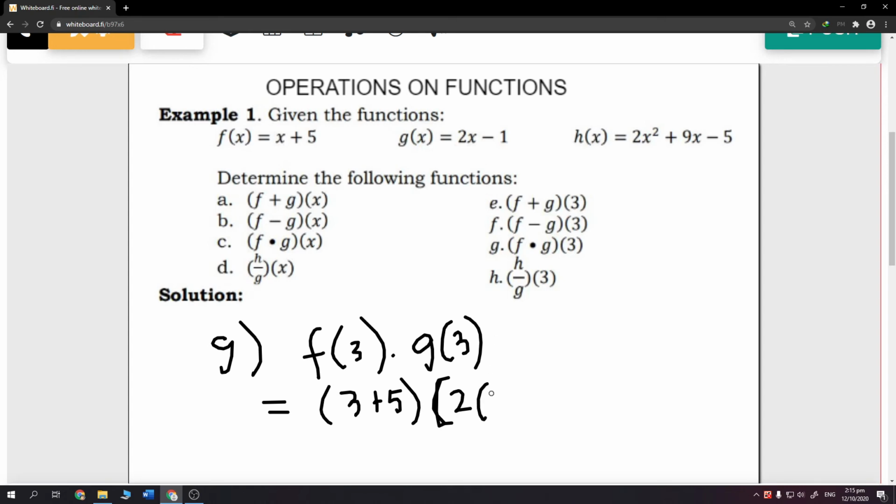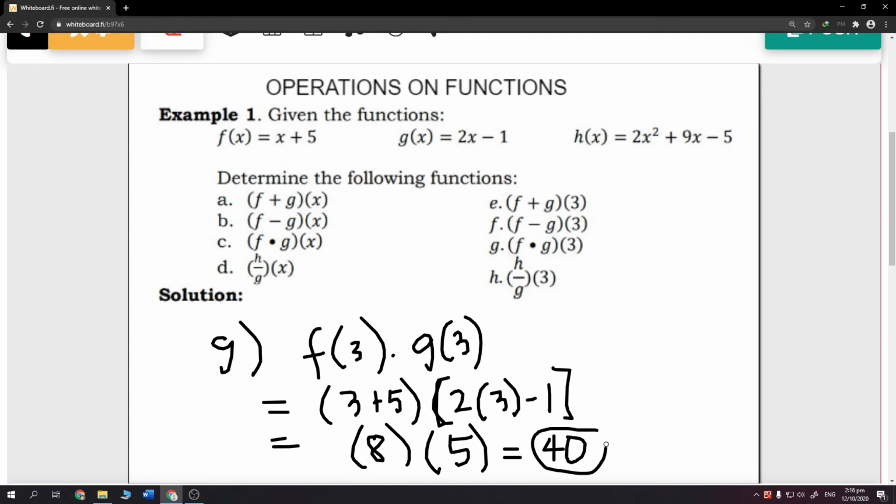We have 2 times 3 minus 1. Okay, so we can add this. We have 8. Then we have 2 times 3. We have 6 minus 1 is 5. So 8 times 5, the answer is 40. So letter G, the answer is 40.